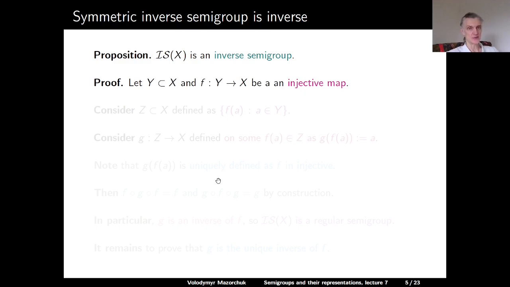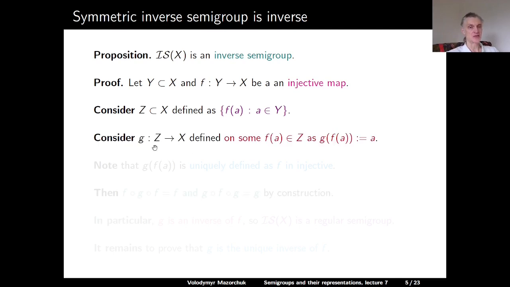Let Y be a subset of X and F an injective map from Y to X. Consider the set Z inside of X, which is defined as F of A, where A runs through all elements in Y. Consider the map G from Z to X, which is defined on an element F of A as A. So G applied to F of A is equal to A for any element F of A in Z. Note that this defines G uniquely because F is an injective map.